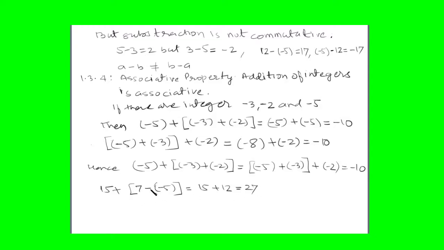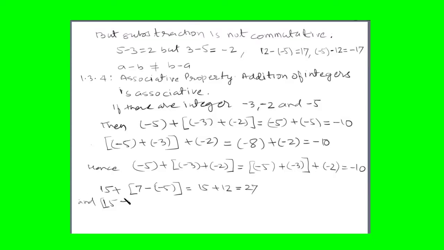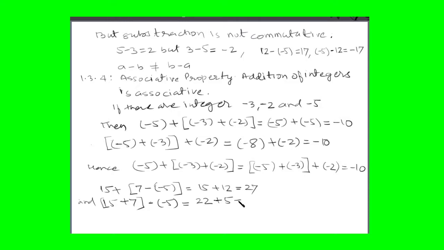Now we change the position of the bracket and we get 15 plus 7 in one bracket and minus 5 in another bracket. On solving the first bracket, we find that 15 plus 7 is 22, plus minus 5, on solving this, we get final answer as 27.